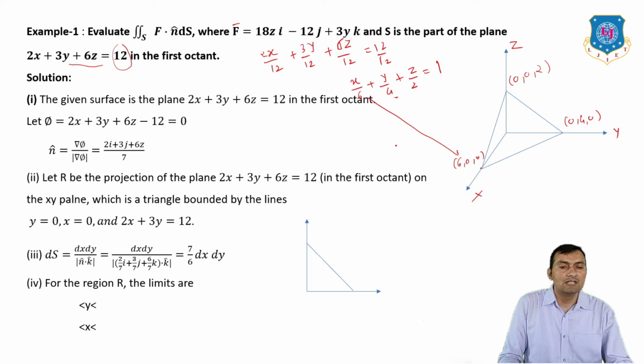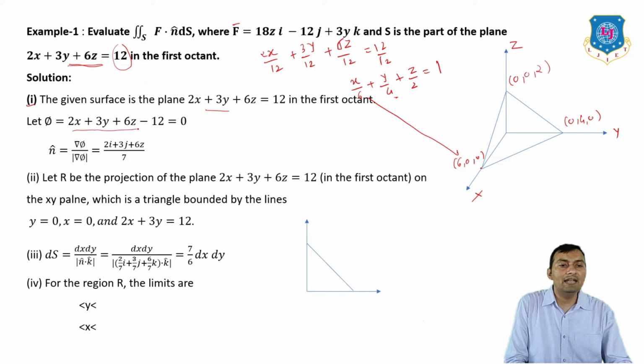So here, the surface integral is over the plane given in the first octant. Let phi be equal to 2x plus 3y plus 6z minus 12 equal to 0. So this is the surface. From this we can find the unit normal n cap equal to grad phi divided by mod of grad phi. But grad phi is what?